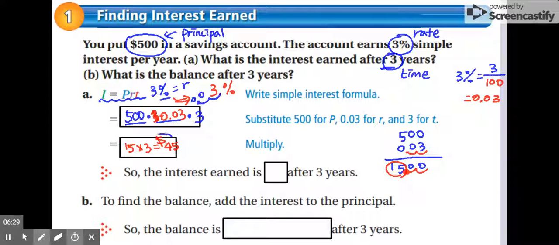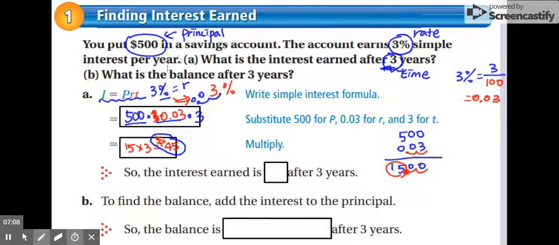So $45 means the amount of money that you will earn when you deposit $500 at 3% interest for 3 years. Then the bank will give you $45 in 3 years. Because you let the bank use this $500 so that the bank can invest this money in a company, or they try to use your money to get more money.